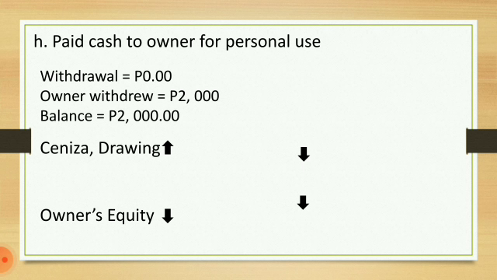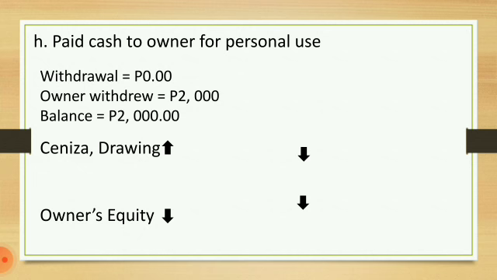Drawing is an element of owner's equity. However, just like expense, drawing decreases owner's equity. Again, drawing decreases owner's equity. So if your drawing account is increased, your owner's equity account is decreased.